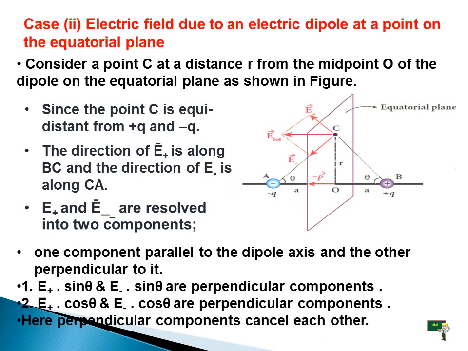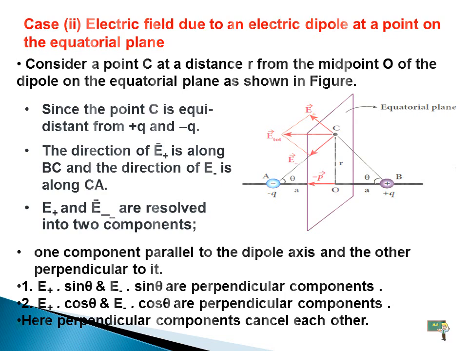One component is parallel to the dipole axis and another is perpendicular to the dipole axis. E plus sin theta and E minus sin theta are perpendicular components, and E plus cos theta and E minus cos theta are parallel components.